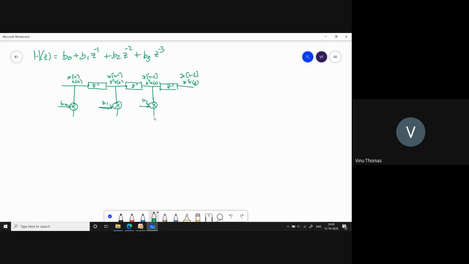Here I have V3, so it's multiplied by V3, and then you have to add all those. So I will put an adder here. This is one adder.